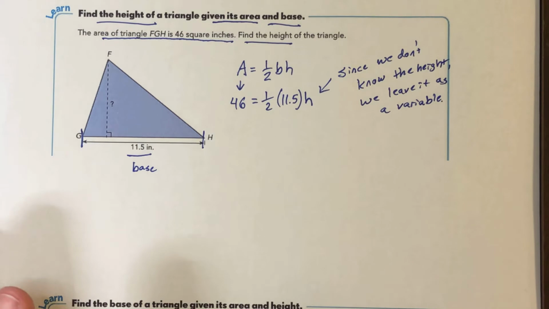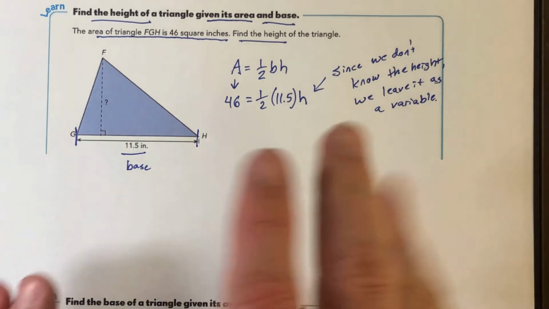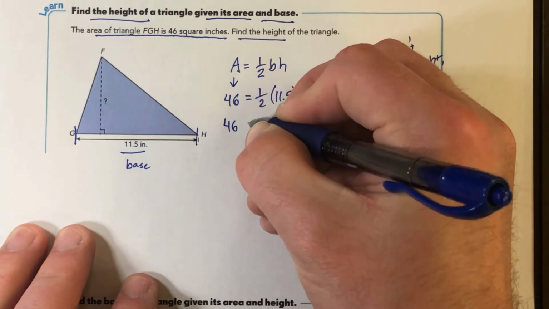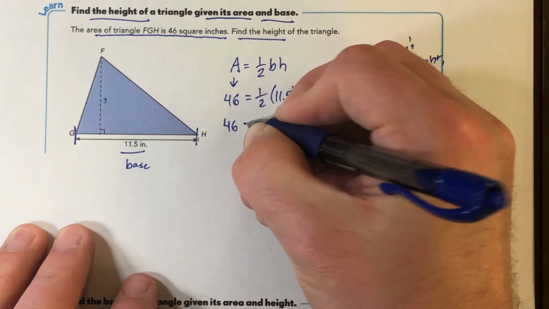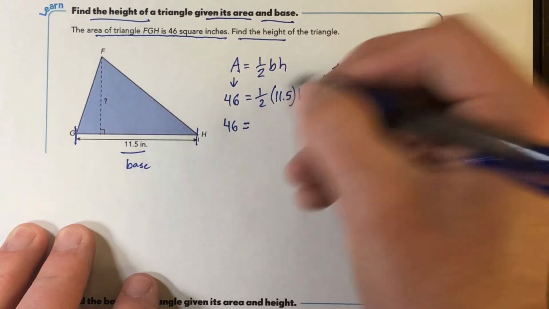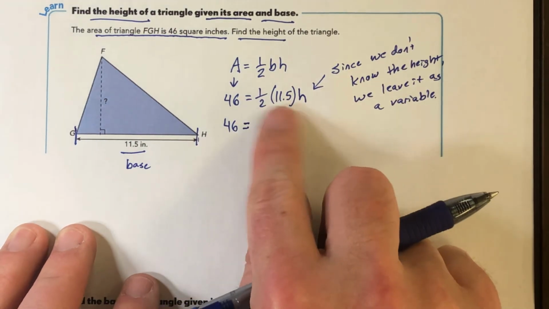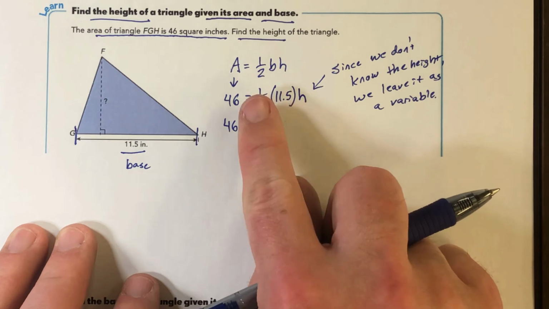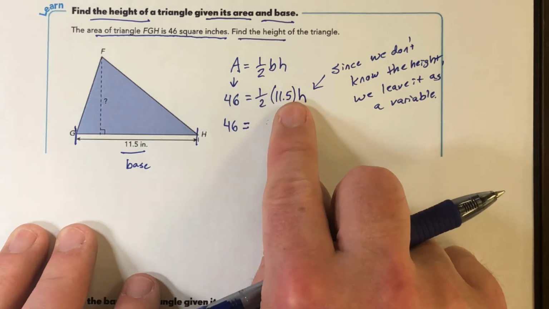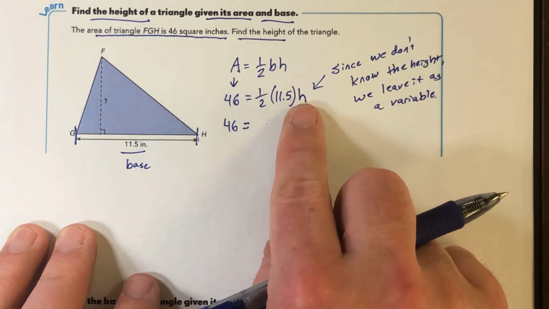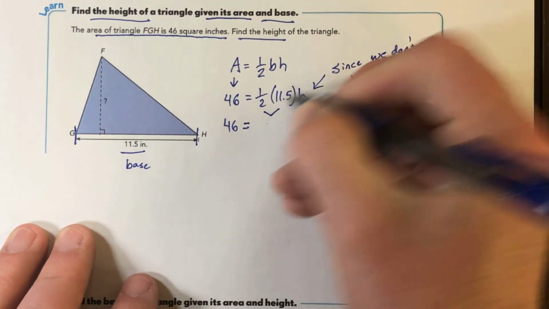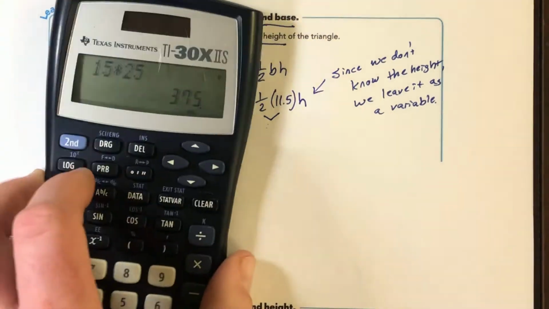All right, next, what do I do now? Simplify, combine like terms, do whatever you can, do what can be done. So I can't do anything with 46. Equals, can I do anything over here? This is essentially saying 1/2 times 11.5 times h, or 1/2 times 11.5 h's. So if you had 11.5 h's and you want half of them, how many do you have? So we're going to multiply what can be done.